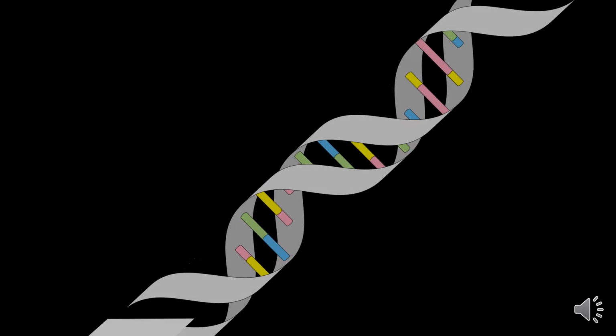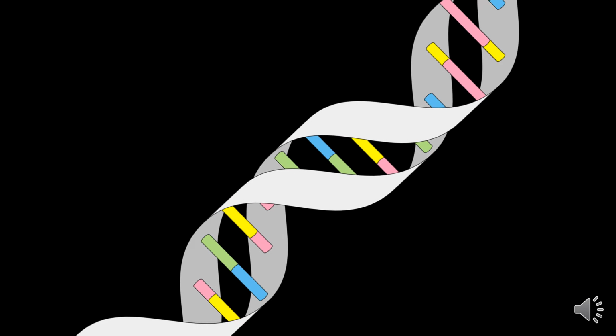So if we could zoom in on a chromosome, we would find a structure that looks twisted and seems to be twisted with two strands indicated by the yellow-grey ribbons. And in between there's these little bars represented by at least 4 different colours.